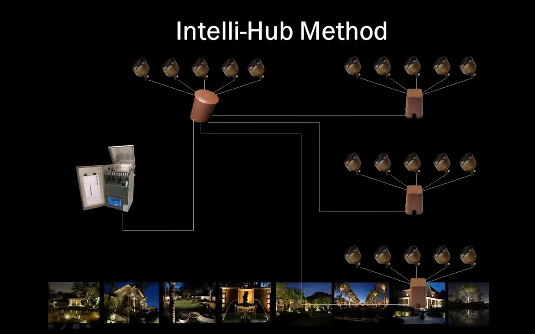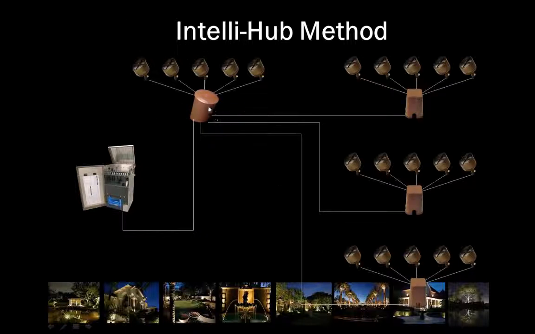Now, since the LED is really taken over and voltage drop in LED is minimized, we can now do an Intelli-Hub method, or essentially what we've done is taken a trunk hub and set that up here and then run satellite hubs off of the trunk hub.